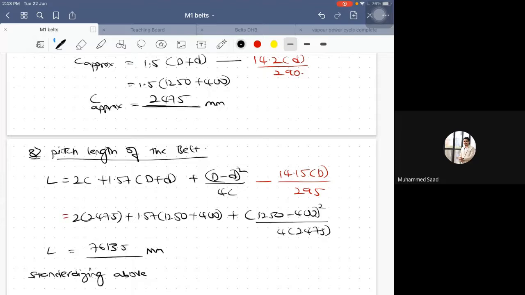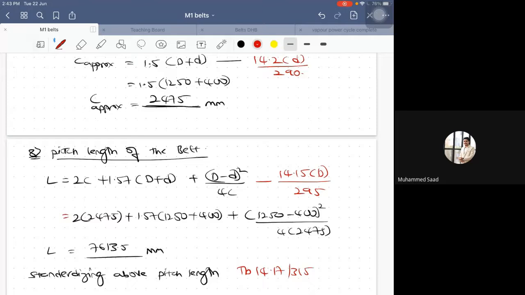So standardize the above belt pitch length using table number 14.17. Table number 14.17 and page number 315.